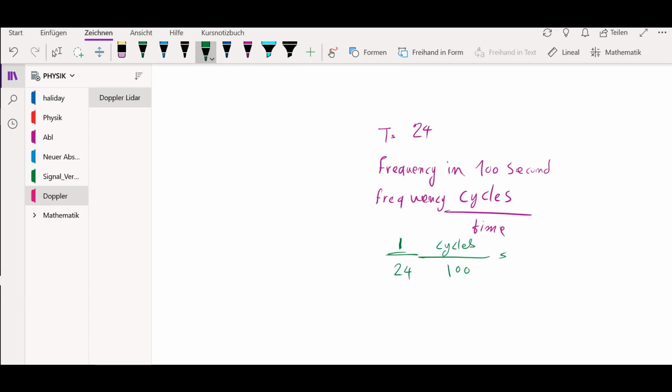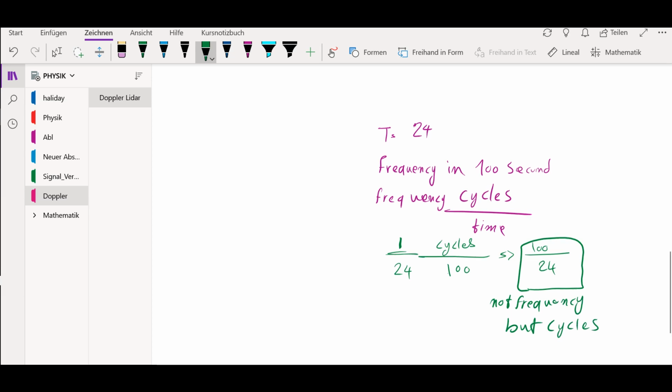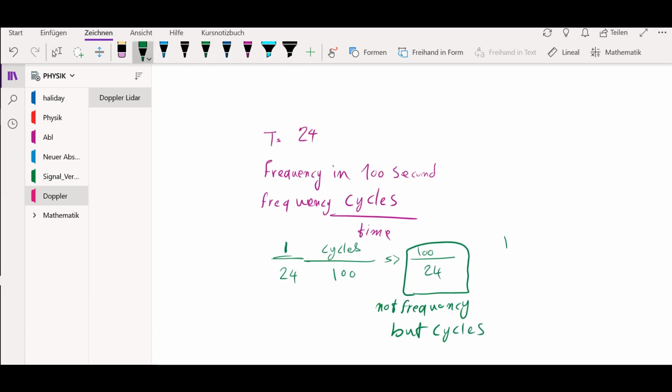So it is 100 over 24, but remember it is not my frequency, it is my number of cycles. So again, 100 over 24 over 100 would be my frequency, but I do not need it anymore.